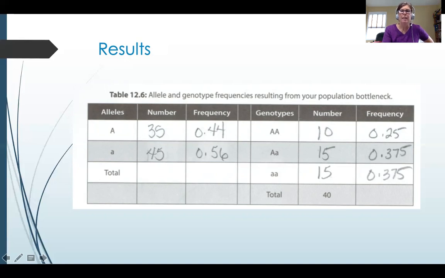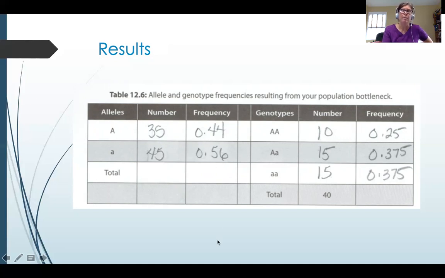For my frequency of A, I had to go 10 plus 10, that's 20, plus 15, that's 35, and then divide that by 80. I have 80 alleles. I have 40 individuals, but each individual has 2 alleles. And then for my little a, I have 15 times 2, that's 30, plus another 15 here. So that gives me 45 divided by 80, which gives me 0.56.